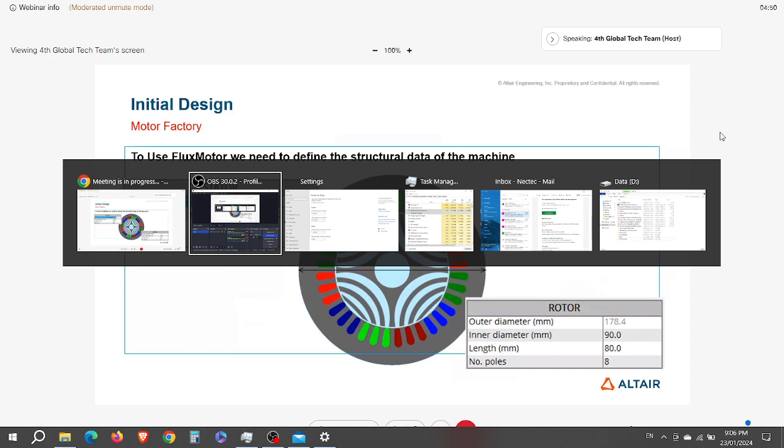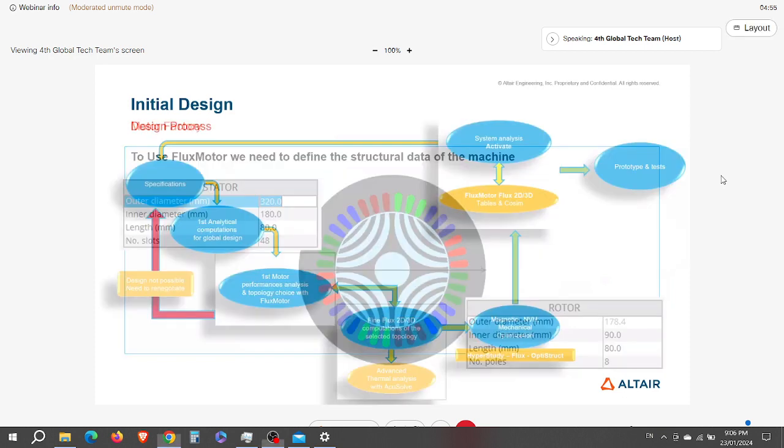Yeah, so then actually the whole story always starts from the specification.